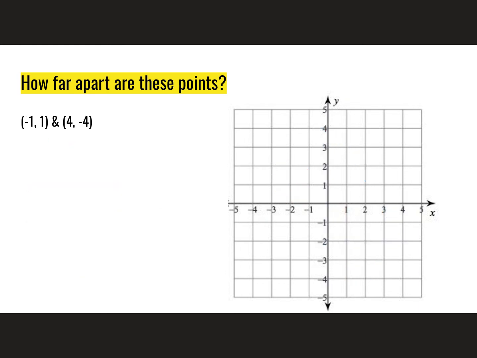Let's try another one. Here I have the point (-1, 1), which is right here. And I have the point (4, -4), which is right here. Again, I'm just going to draw my triangle and count how long my sides are. This side is 1, 2, 3, 4, 5. This side is 1, 2, 3, 4, 5.